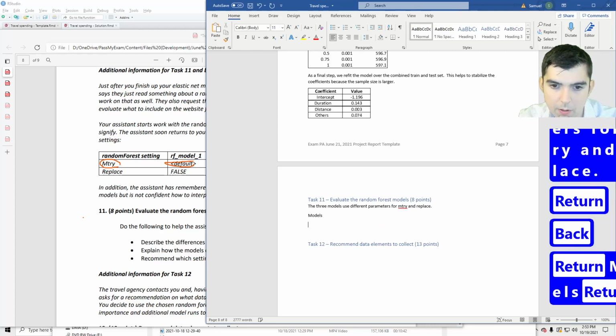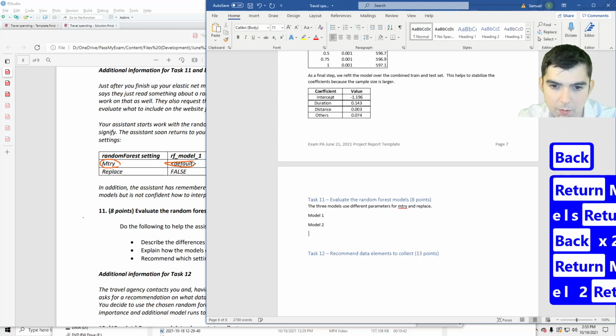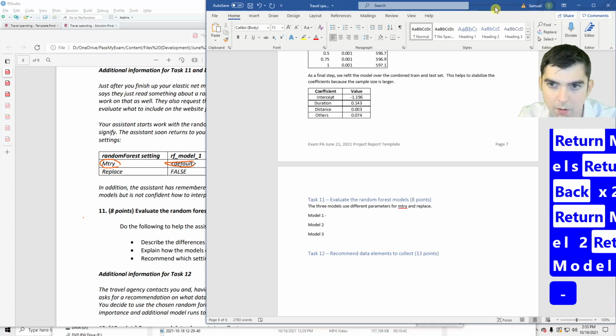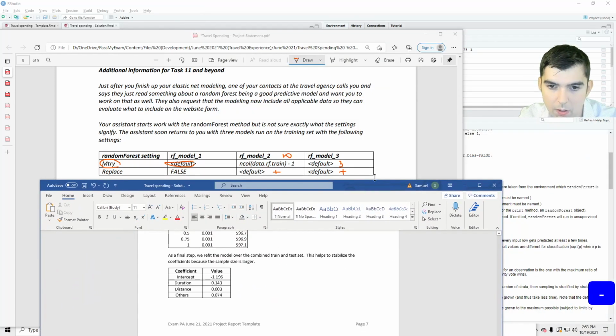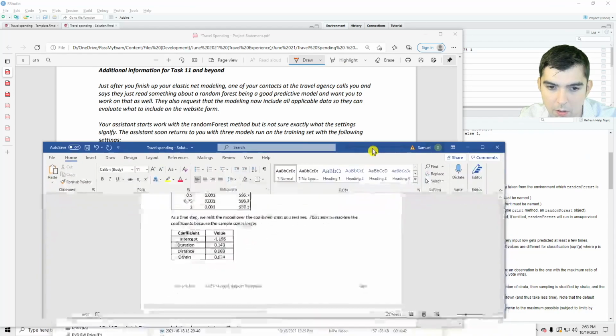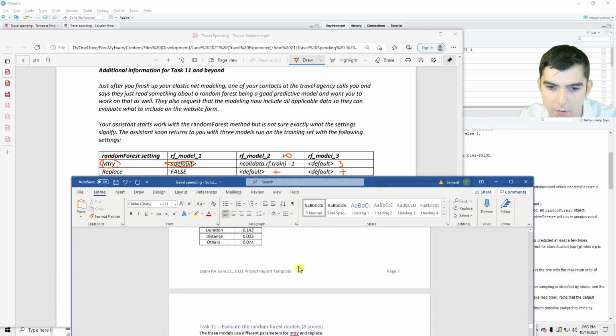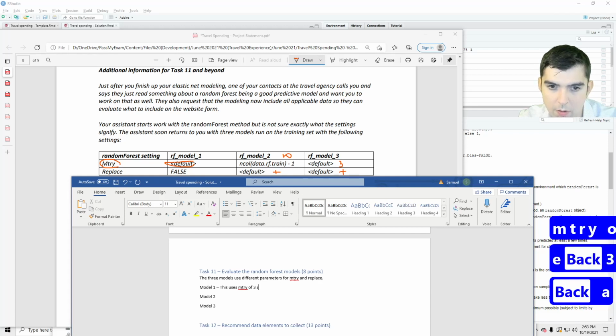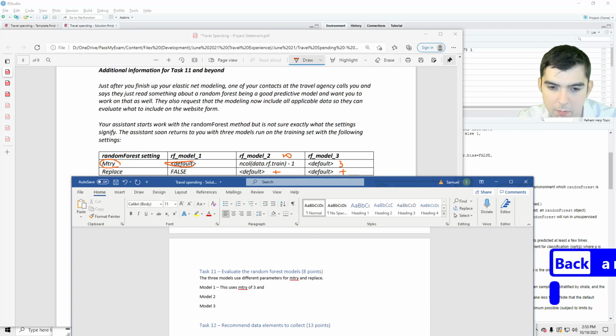Let's use model 1, model 2, model 3. So model 1 uses an mtry of 3 and without replacement.